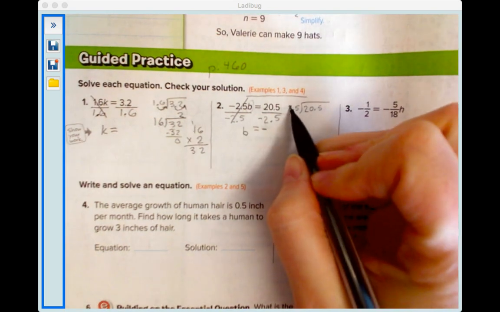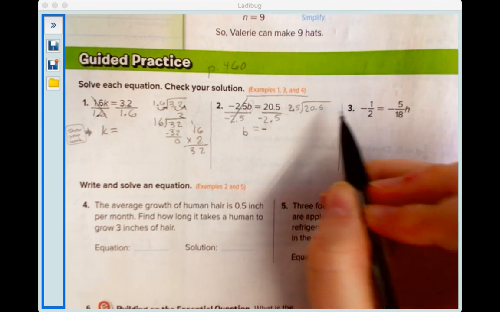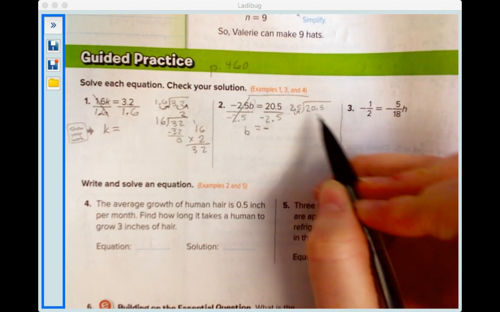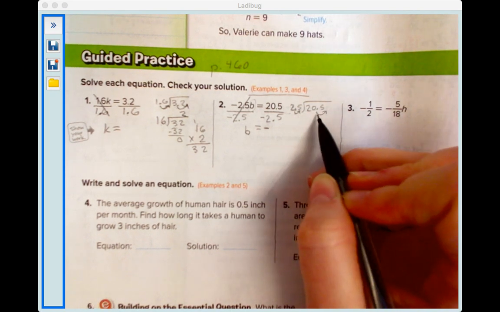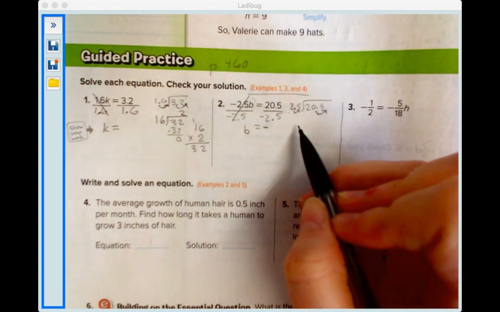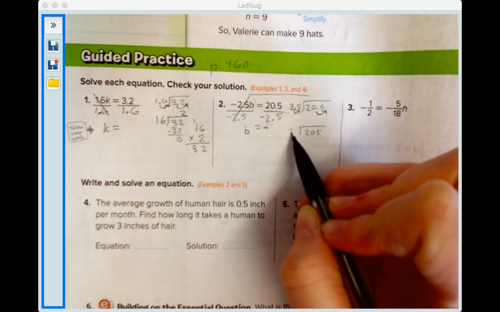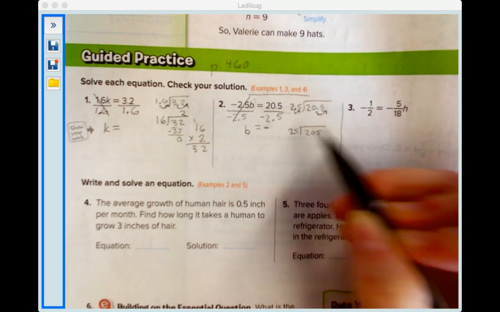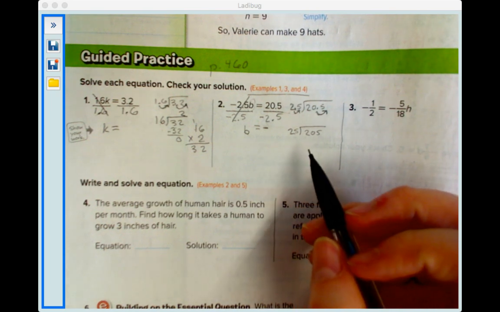So 2.5 is dividing 20.5. We're going to move this decimal over, get rid of it, move it over 1. Since this one's only moved 1, you only move this one 1. Now it's 205 divided by 25. Remember, you can guess and check your multiplication for this.